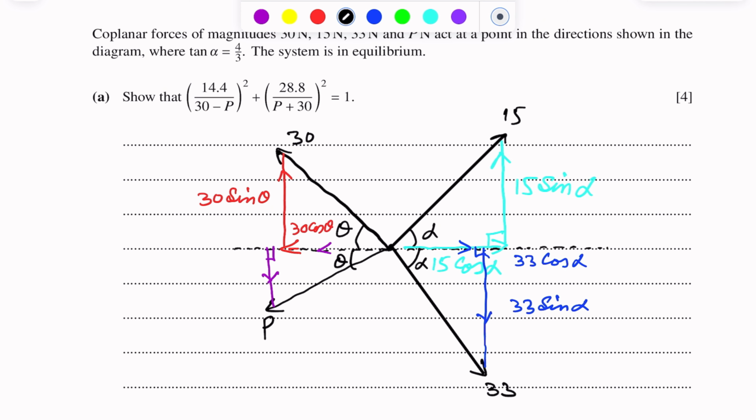So this component is P cos theta, and this component is P sin theta. We have resolved these four forces and found their rectangular components.